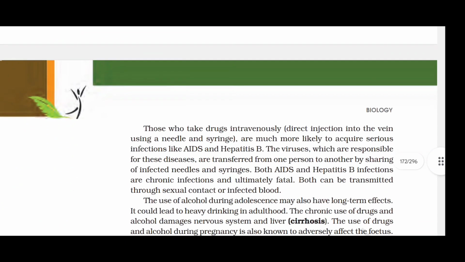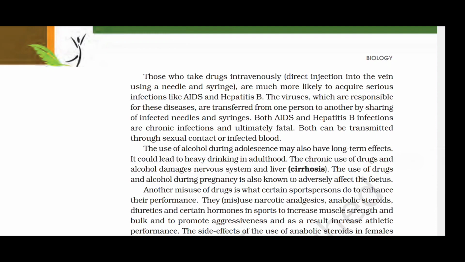Those who take drugs intravenously, direct injection into the vein using a needle and syringe, are much more likely to acquire serious infections like AIDS and hepatitis B. The viruses which are responsible for these diseases are transferred from one person to another by sharing of infected needles and syringes. Both AIDS and hepatitis B infections are chronic infections and ultimately fatal. Both can be transmitted through sexual contact or infected blood.